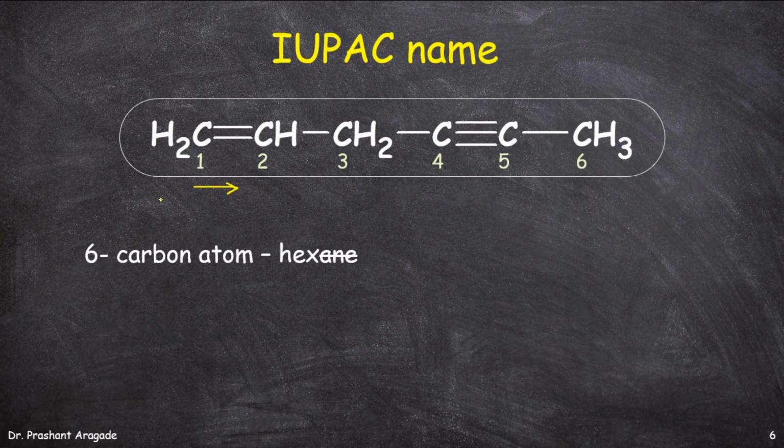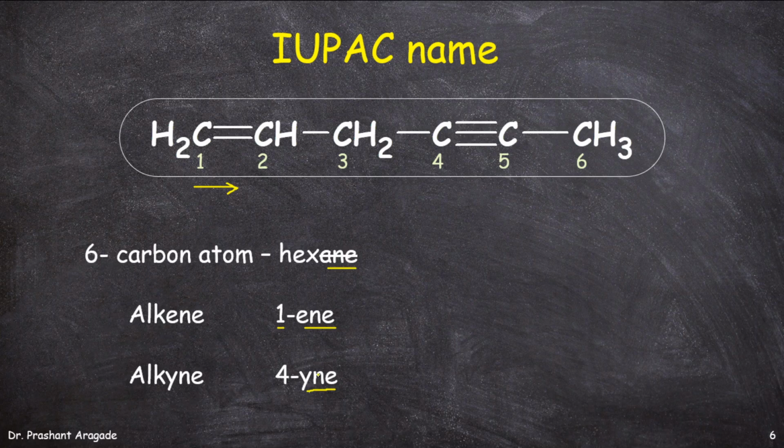It contains 6 carbon atoms, so hexane, and you have to replace the A and E of the corresponding alkane by the suffix of the functional groups. So it contains an alkene functional group at position one, so prefix the position number and the suffix used for that functional group, that is 1-ene. Then the alkyne functional group is present at carbon 4, so 4-yne.